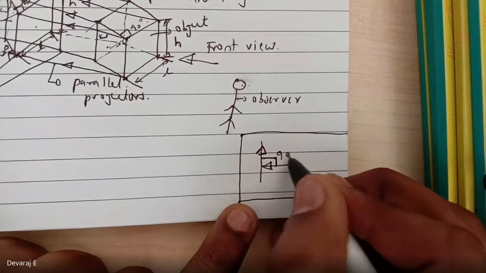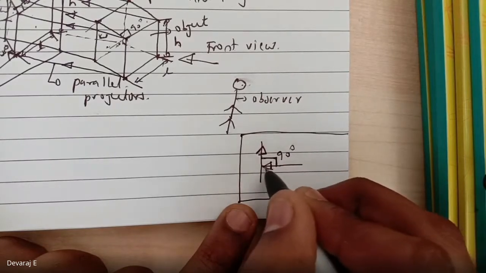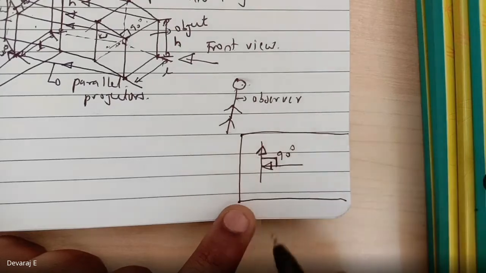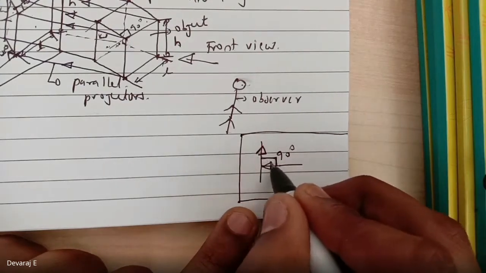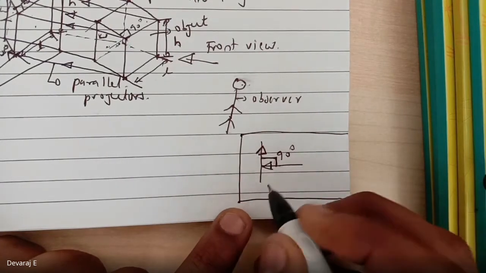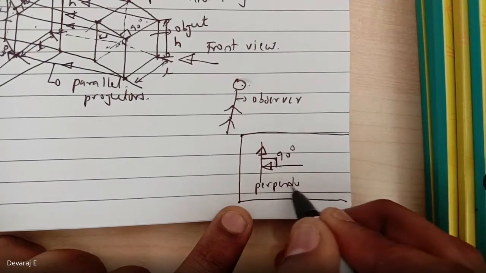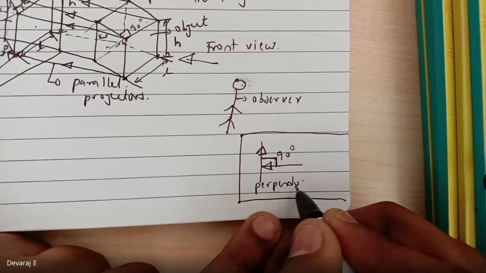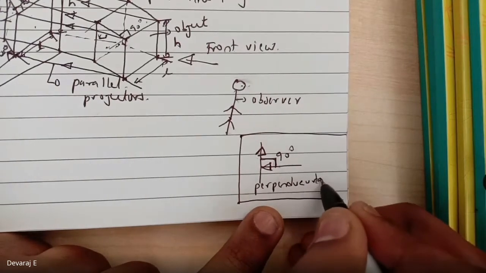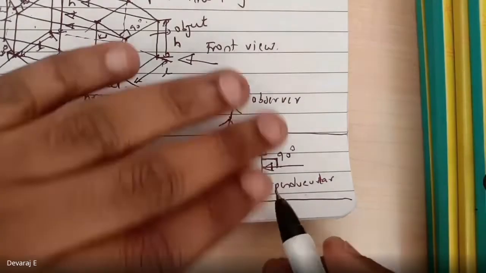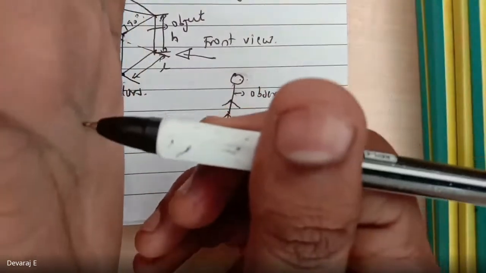The difference between the lines of sight is with respect to two different directions. So when 90 degree comes into picture, this is called as perpendicular.